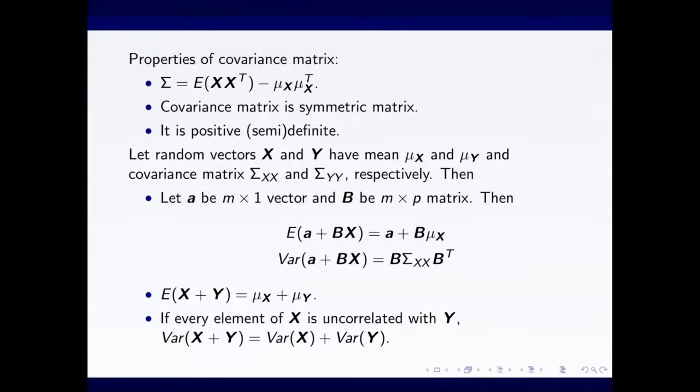So we have properties of the covariance matrix. Sigma is the expectation of x minus mu x times x minus mu x transpose, which equals the expectation of x x transpose minus the matrix product of mu x and mu x transpose.